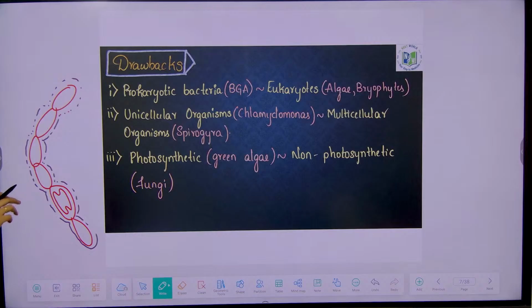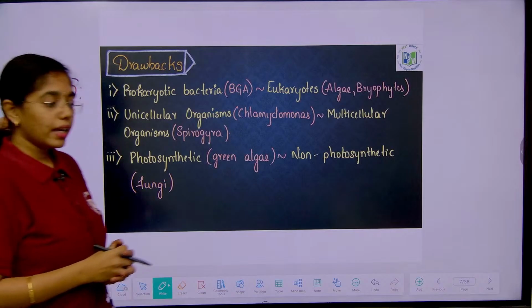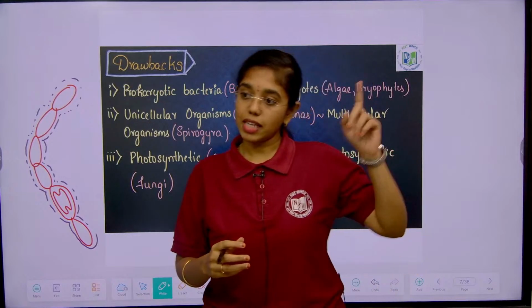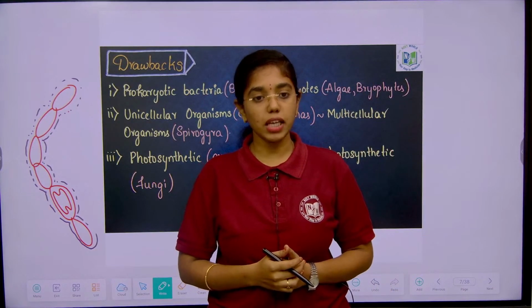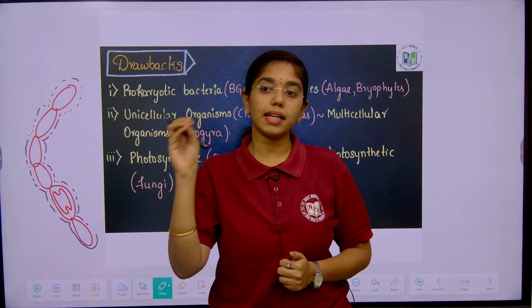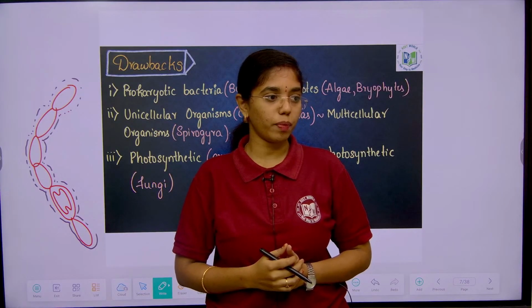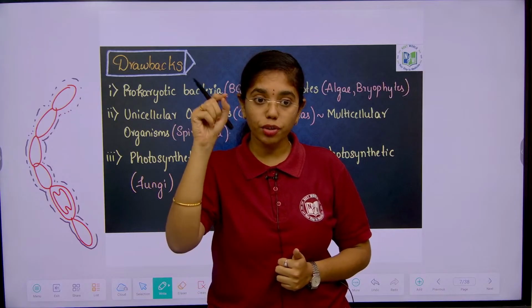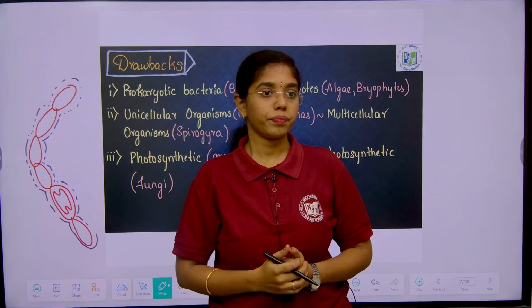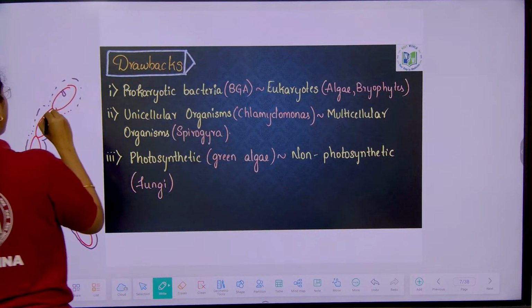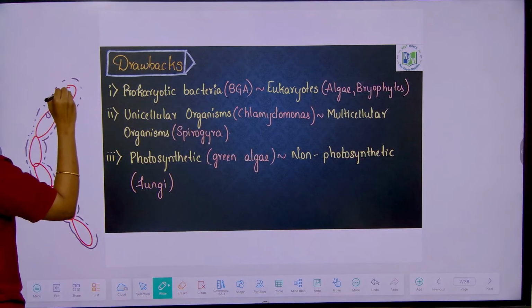Listen, when we were reading about mesosomes in the prokaryotic cell, in Cell the Unit of Life, we saw that chromatophores are present in blue-green algae, in cyanobacteria, where they are adjoined to the cell membrane. These chromatophores contain what?